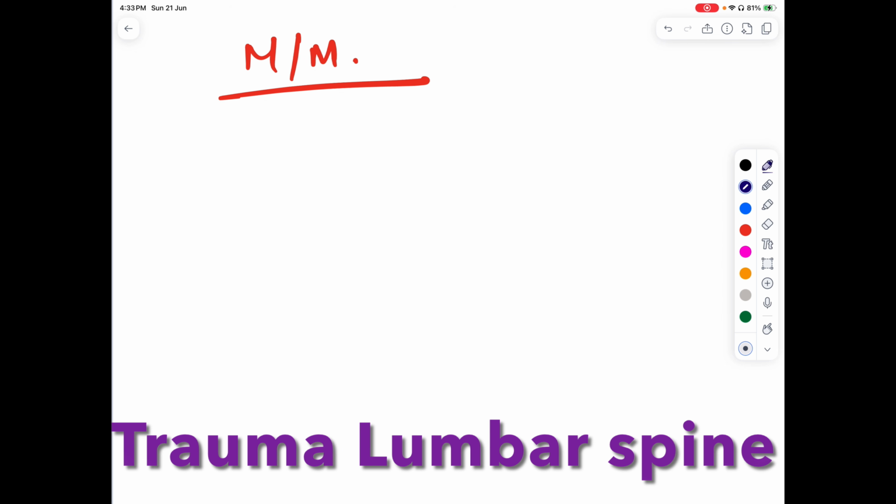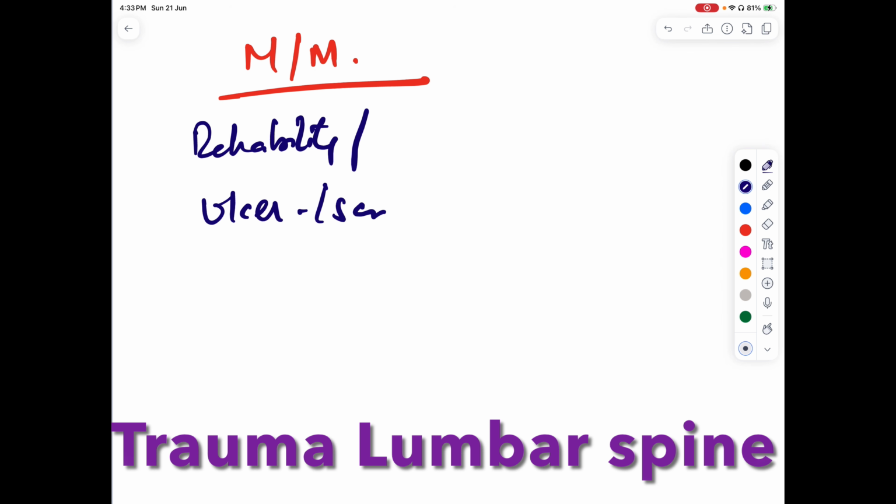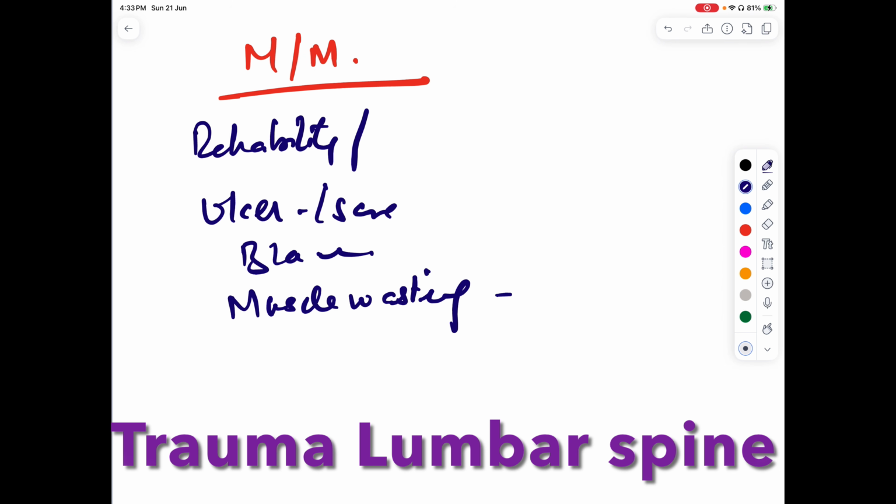It depends upon rehabilitation, which is very important. This patient needs crutches, physiotherapy, transfer, ulcers, sores, bladder, bowel, and all care has to be done. Muscle wasting has to be treated. Exercise, physiotherapy, erectile dysfunction needs supportive therapy.